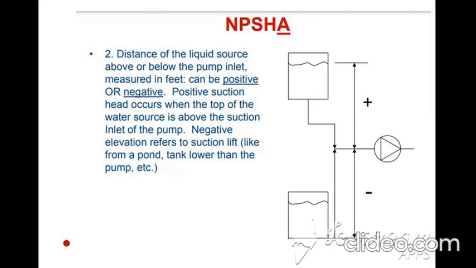The second box is below the pump inlet, so it is negative head, and it is also called suction lift, as negative elevation refers to suction lift, like from a pond or a lower tank.